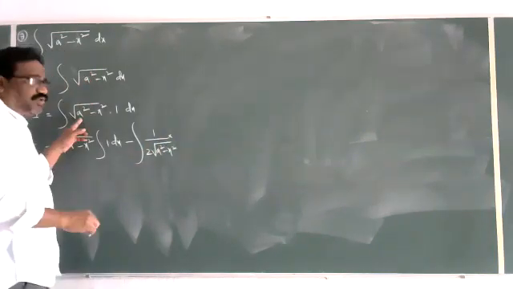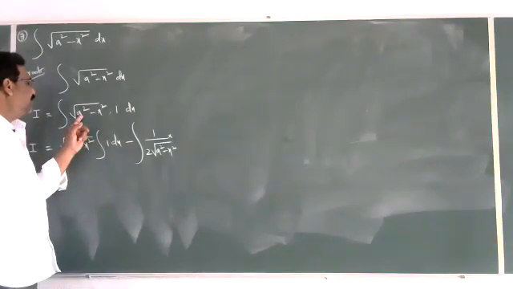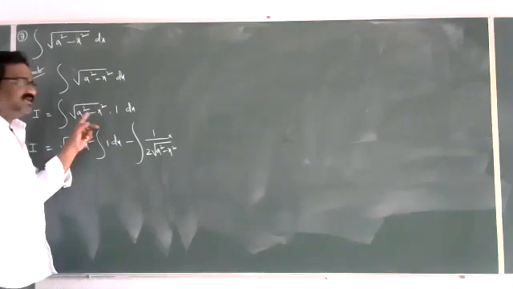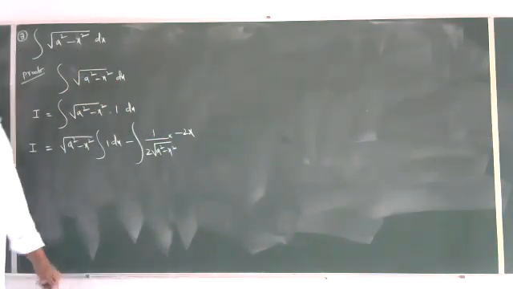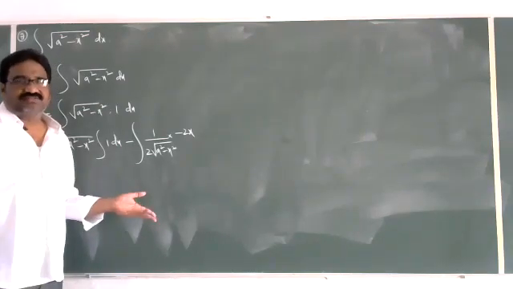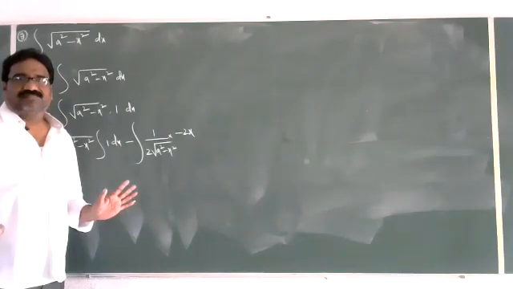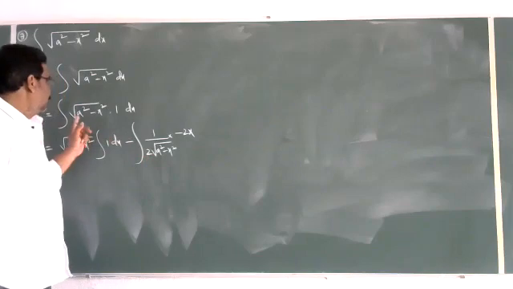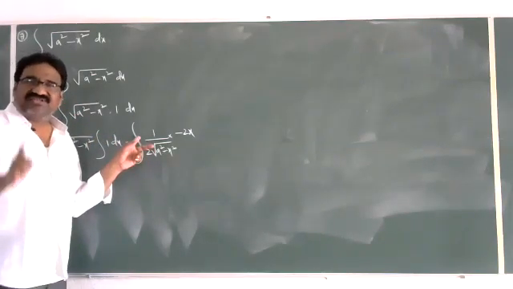By using the chain rule, what is the derivative of a square minus x square? A square is a constant, its derivative is 0, and the derivative of minus x square is minus 2x. You should not forget differentiation. You practice differentiation also.